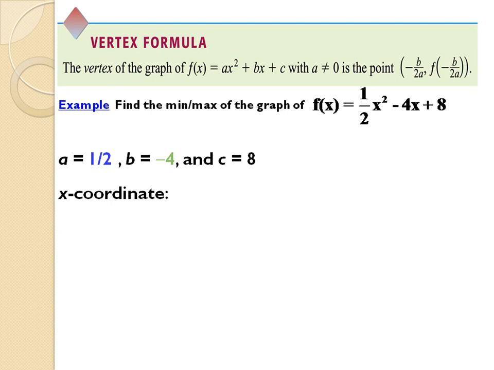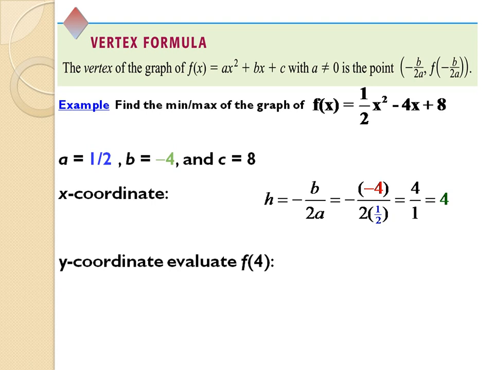Now the x coordinate is h equals negative b over 2a. So we're going to plug in the information. B here is negative 4 and a here is 1/2. Once we simplify this, h is 4.